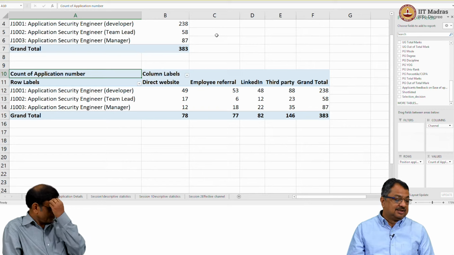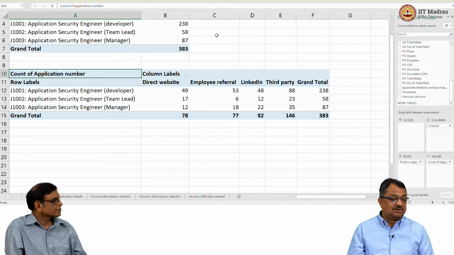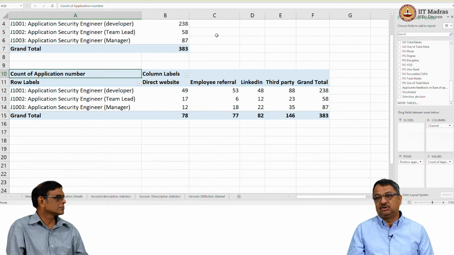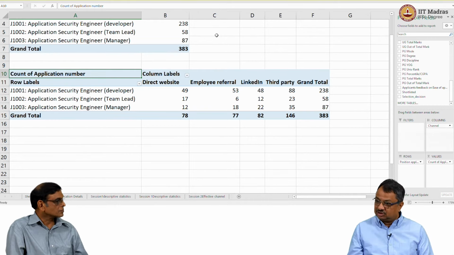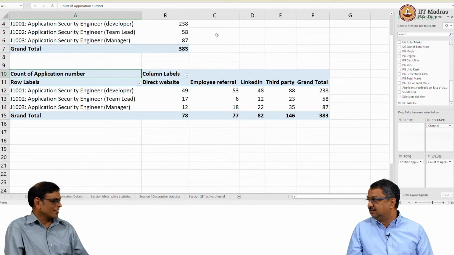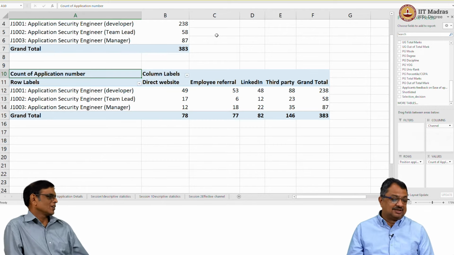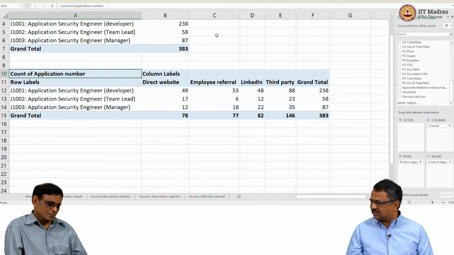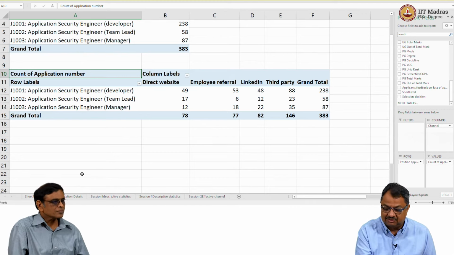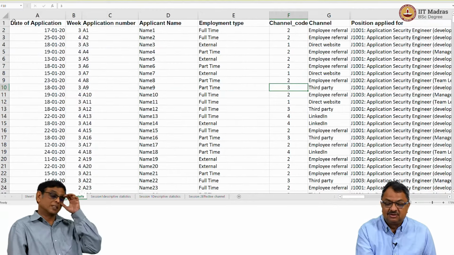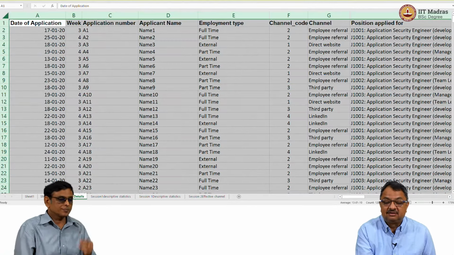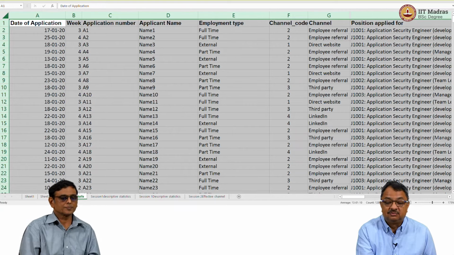The third one perhaps you may want to look at is what percentage of the applications that you received from the channel were shortlisted. So this is really the effectiveness. Channel effectiveness. So I think these 3 or 4 parameters. Some of this analysis we have already played with. We didn't do week-wise. That's the only one we didn't do. So let's create a new pivot table.